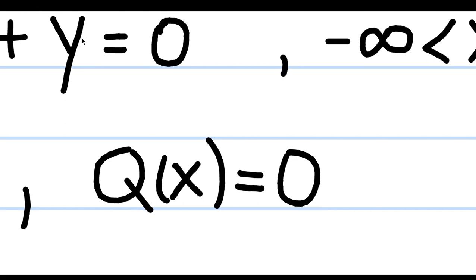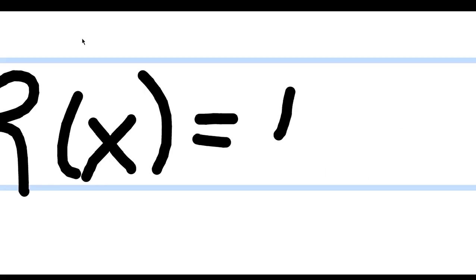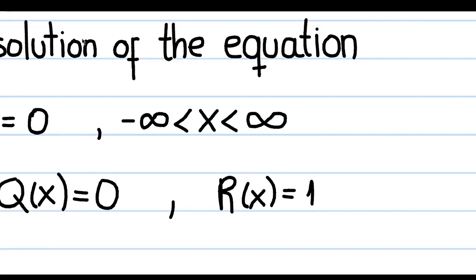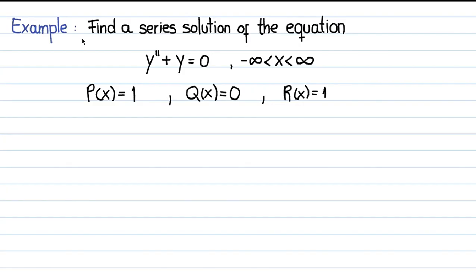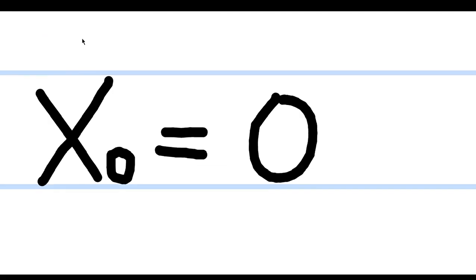Remember that q of x is the term that is with y prime, and r of x is equal to 1. So, all points in the interval minus infinity to infinity are ordinary points, and I'm going to choose the easiest one, which is 0. x sub 0 is equal to 0.